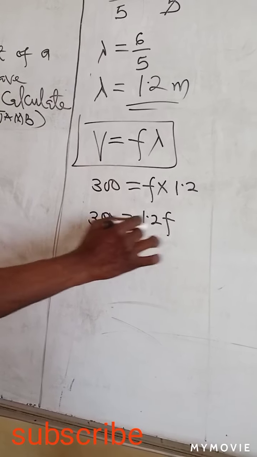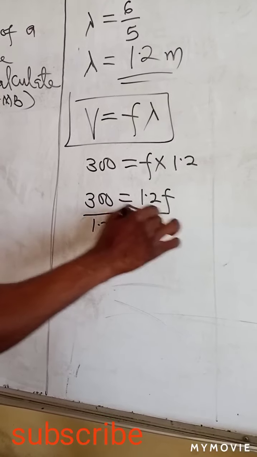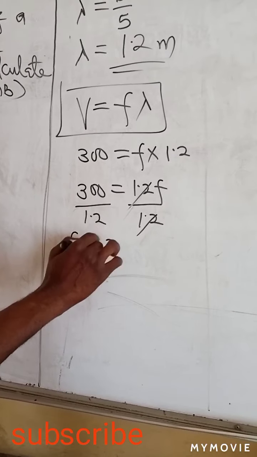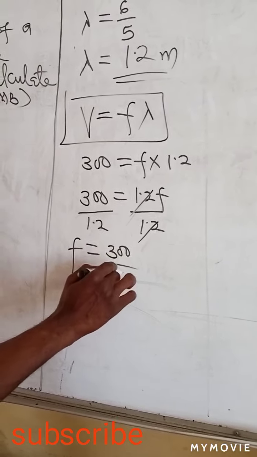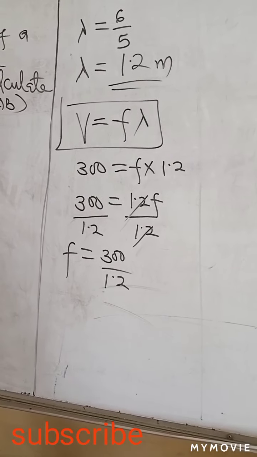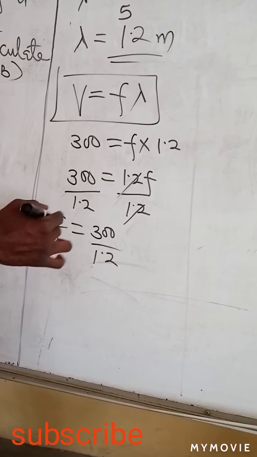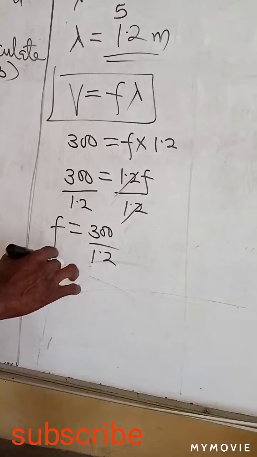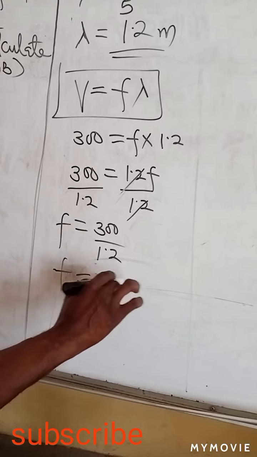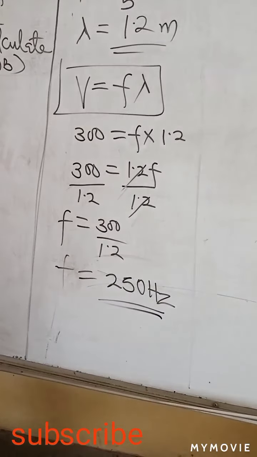That means we are dividing both sides by 1.2. f will now be equal to 300 divided by 1.2. f equals 300 over 1.2, and 300 divided by 1.2 will give us f equals 250 Hertz. That's going to be the final answer.